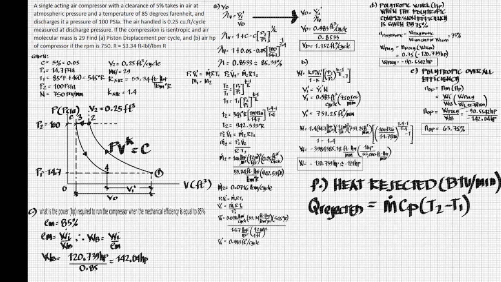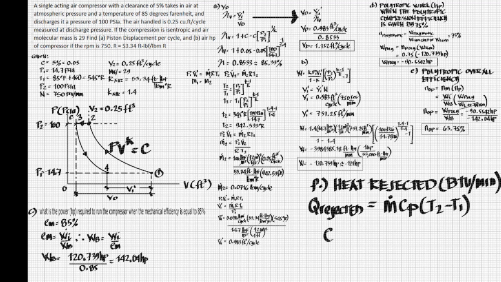What we don't have is the CP. So in the problem, it is not specified what is the value of the specific heat of the air at a constant pressure. But we may be able to solve this one by means of CP.